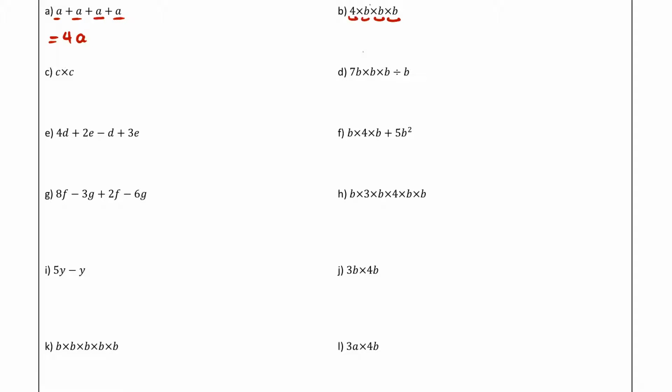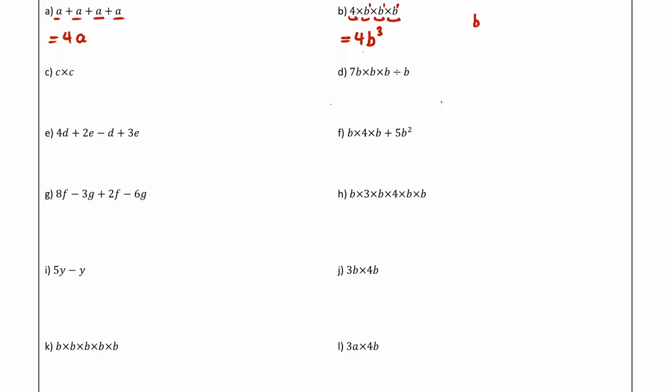So here I have exponent 1, exponent 1, exponent 1, and I will have 4, which is my number. It will remain there. It's just my coefficient, and my variables is being multiplied by each other by itself, 3 times, so I will have b cubed.